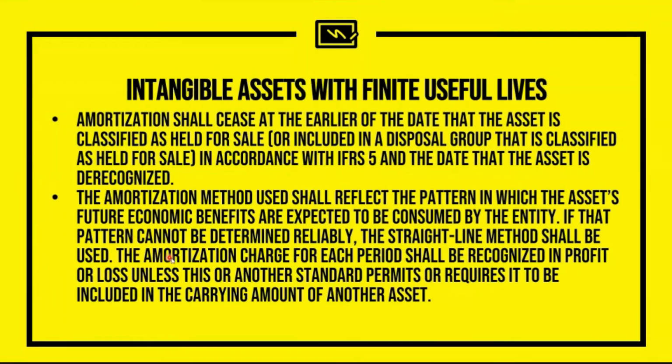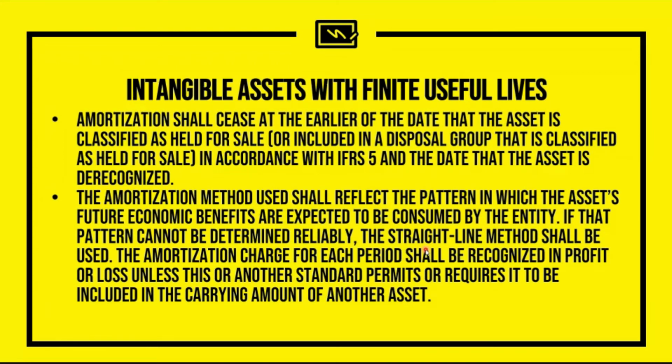Okay? For the amortization, the general rule is that we're going to amortize the intangible asset based on the expected pattern of usage. Okay? If there is no pattern that is established, then we're going to use straight line. Okay?